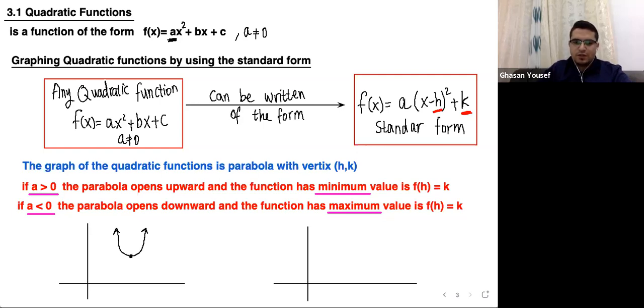This point is called the vertex. This is my h, and this is my k. This is h, this is k. Here is the vertex. This point is (h, k).